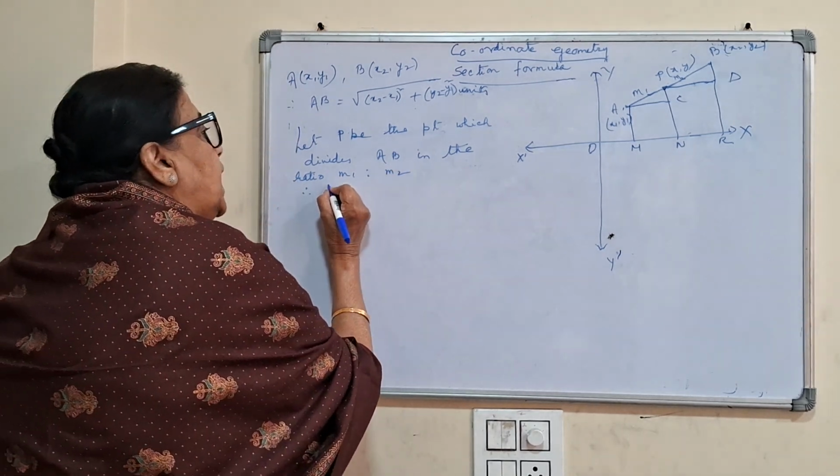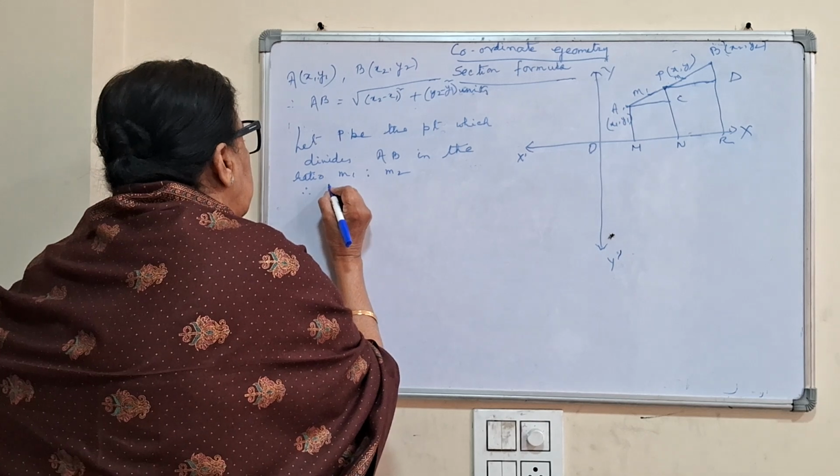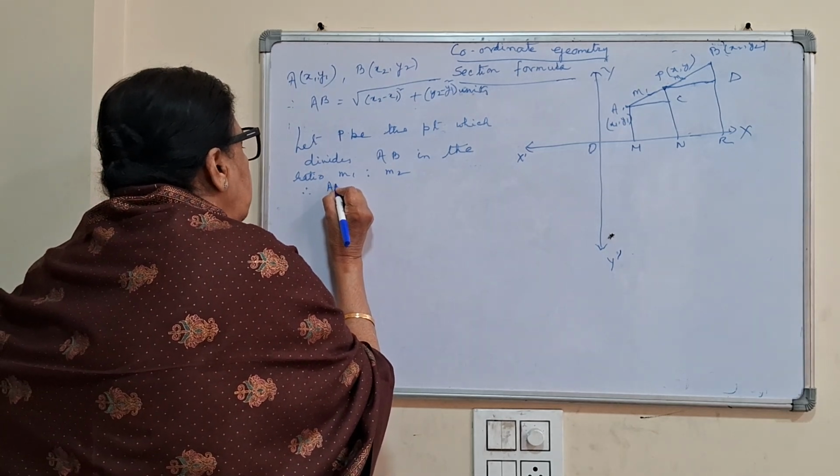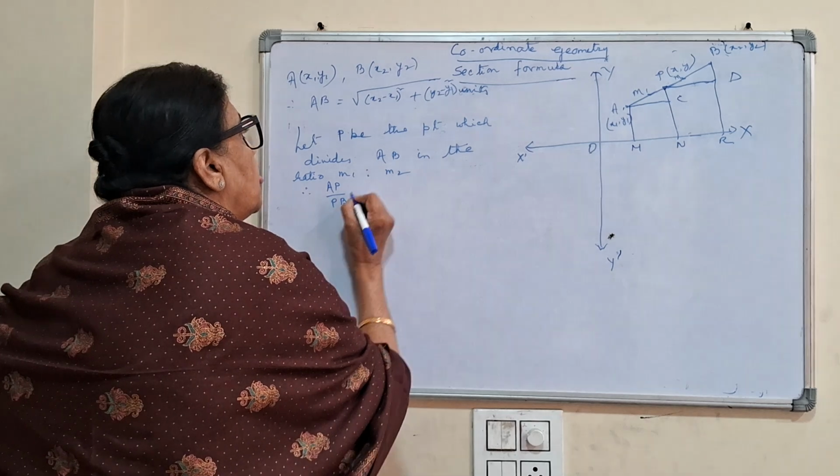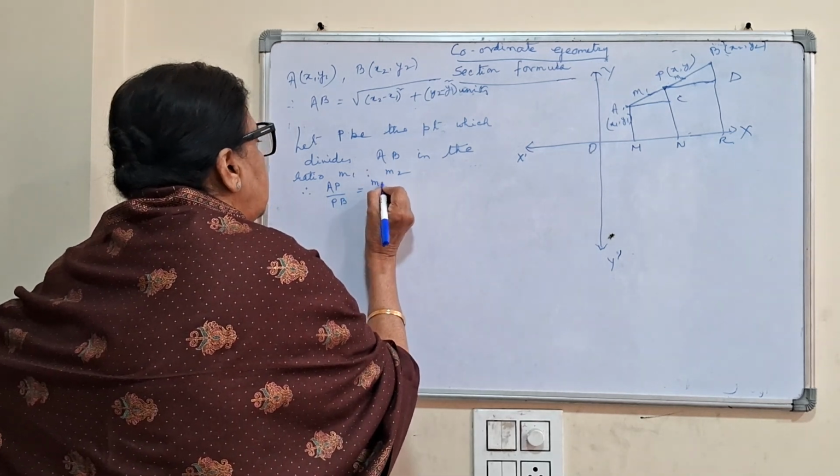Therefore, AP by PB is equal to M1 by M2.